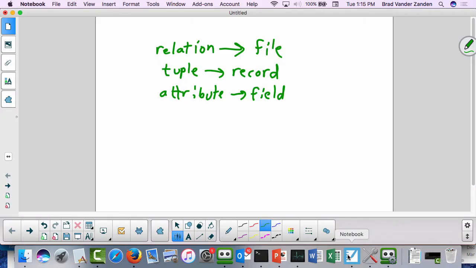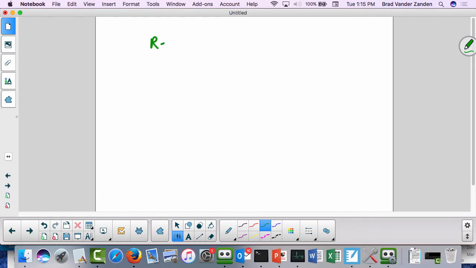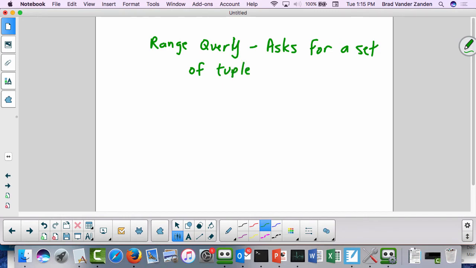So there are two types of queries that we care about: range queries and what I call point queries. A range query asks for a set of tuples where an attribute value falls in a range.